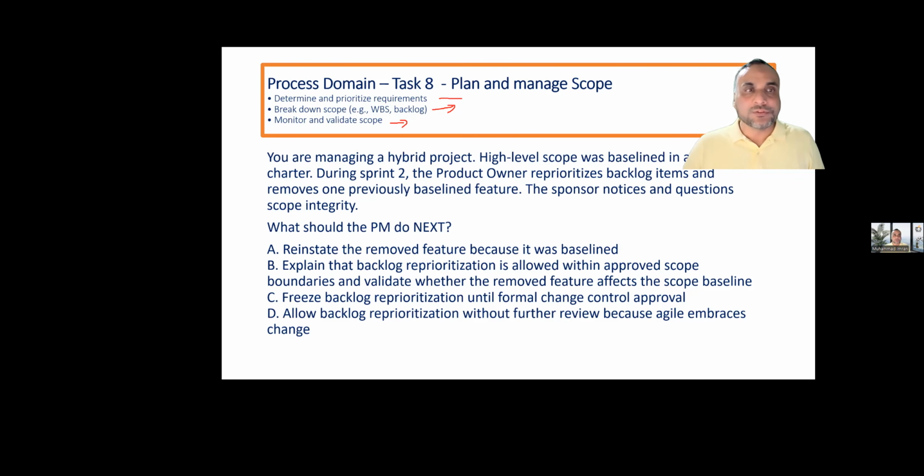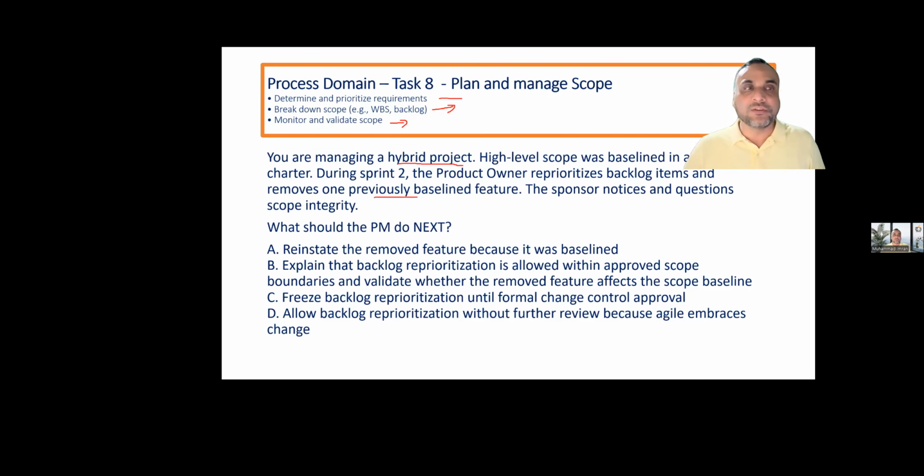Let's begin the questions. You are managing a hybrid project. In a hybrid project the project manager is leading while the product owner is working under the project manager for the unknown part. High level scope was baselined in a predictive charter. During sprint 2, the product owner reprioritized the backlog items and removed one previously baselined feature.